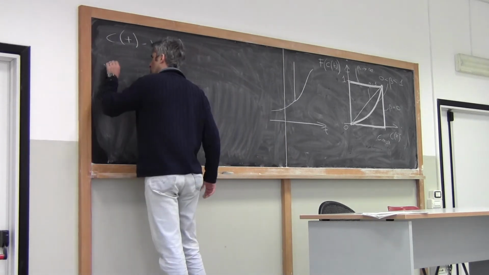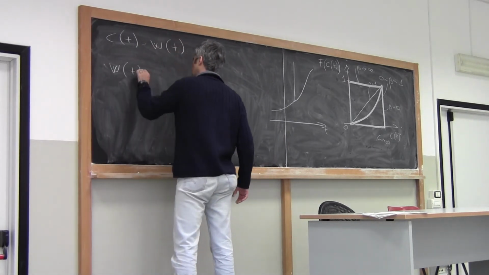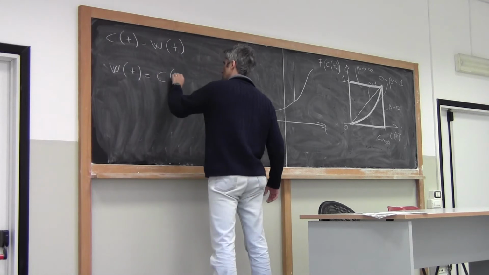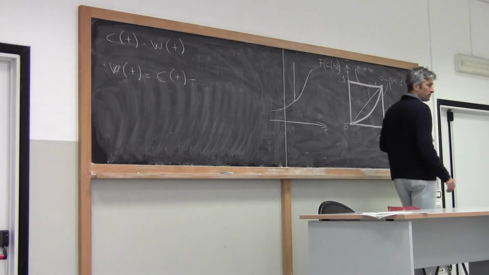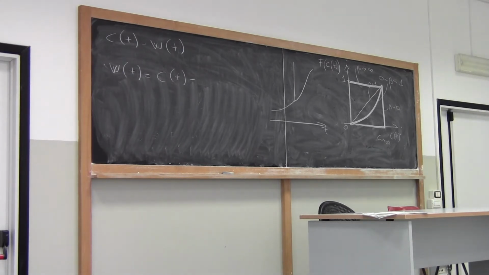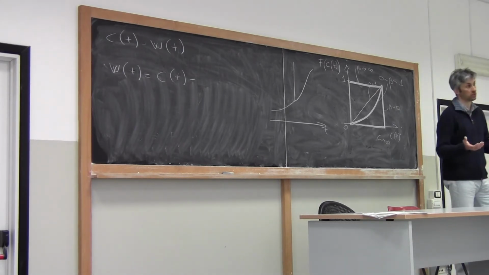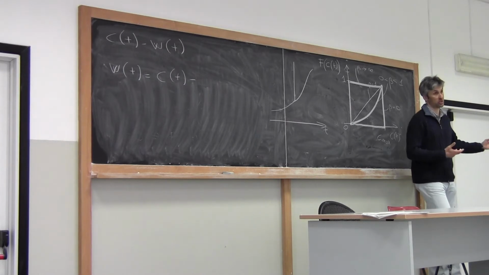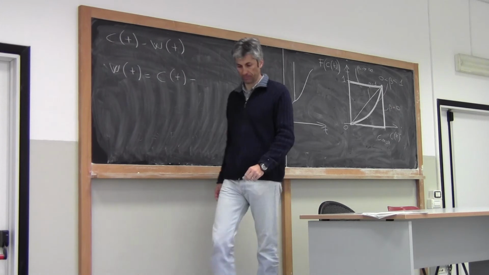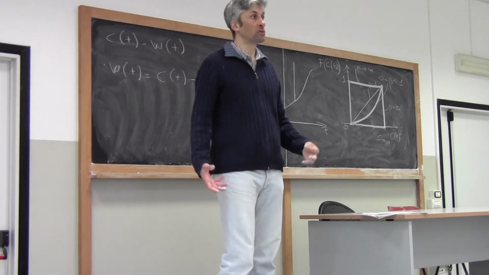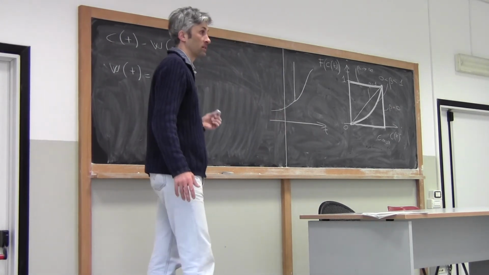And how can we compute it? Of course, we can write that Wt is equal to Ct minus something, which is the amount of water that was not stored because it was transformed into river discharge. What is this something?